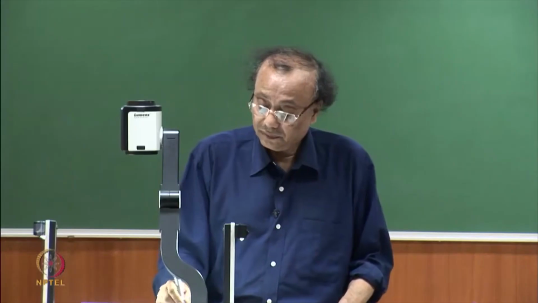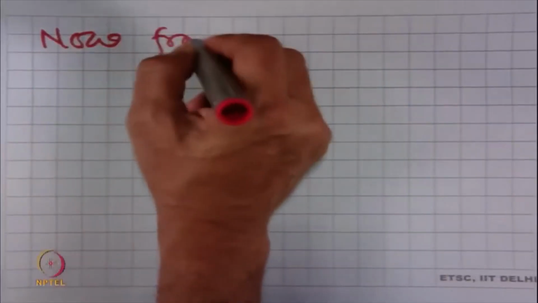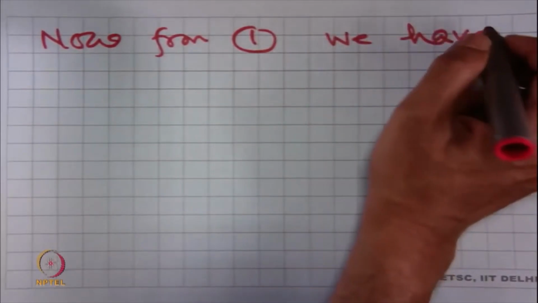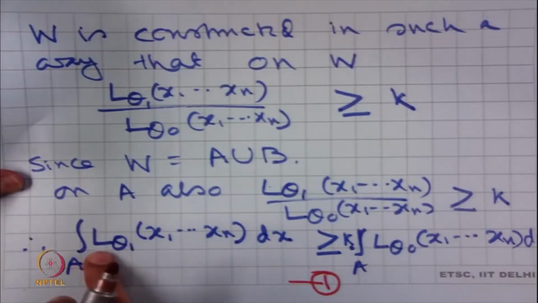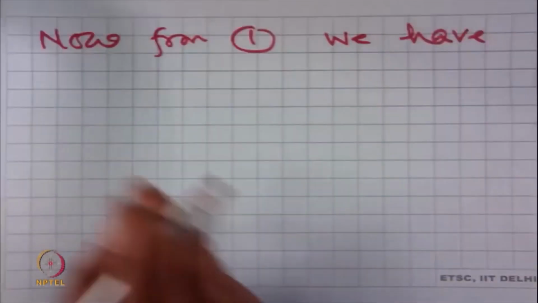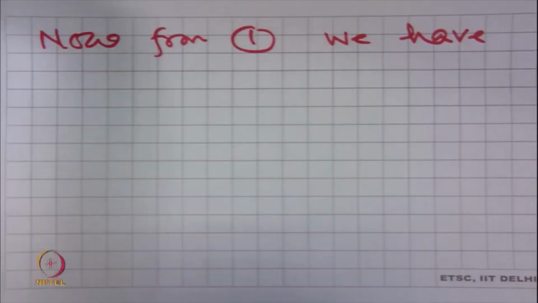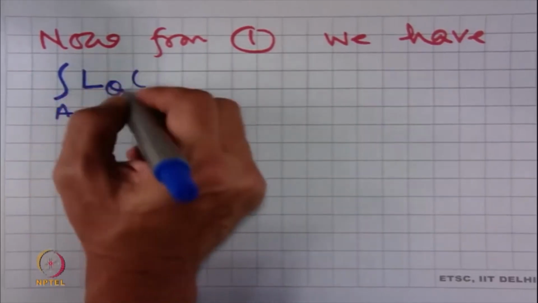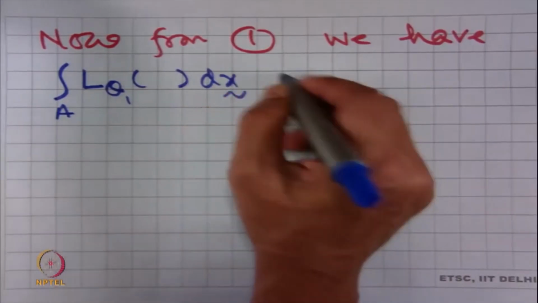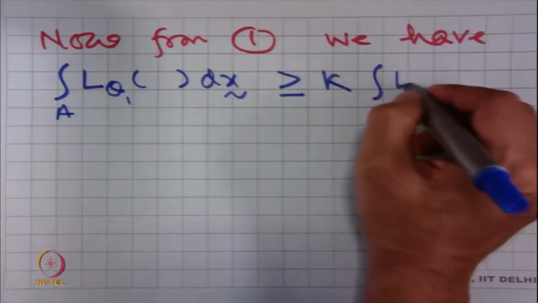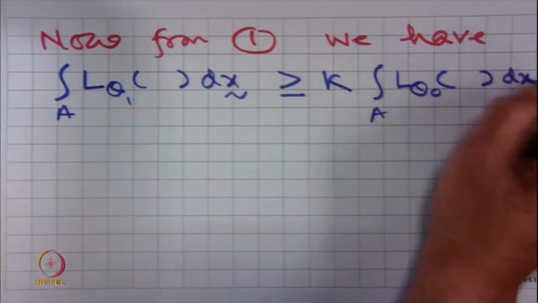Now, from 1 we have, you can see from here that L theta 1 is greater than or equal to k times L theta naught on A. So, if I use a little bit of shortcut, let me write it as integration over A of L theta 1 dx is greater than or equal to k times integration over A of L theta naught dx.